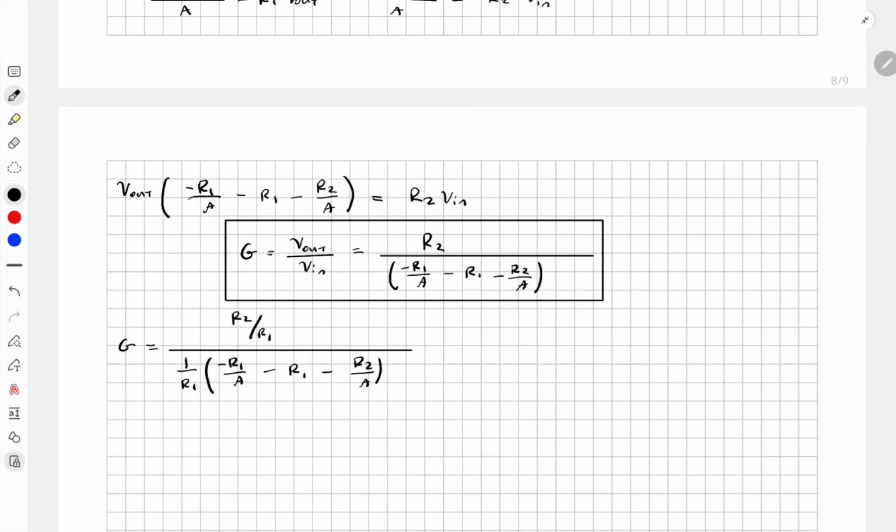So now this equals R2 divided by R1, divided by, let's distribute this negative R divided by R1 throughout.